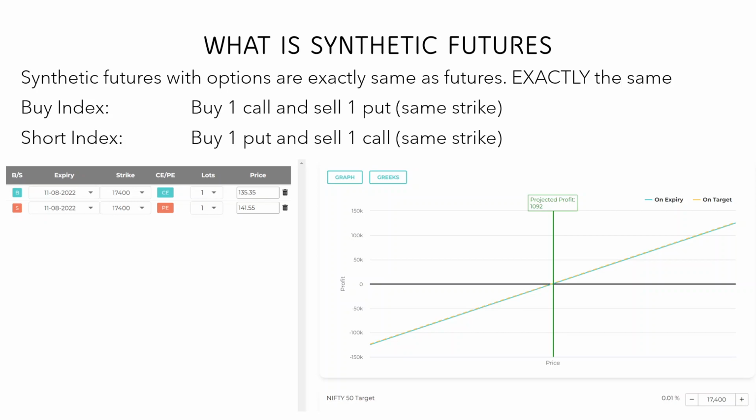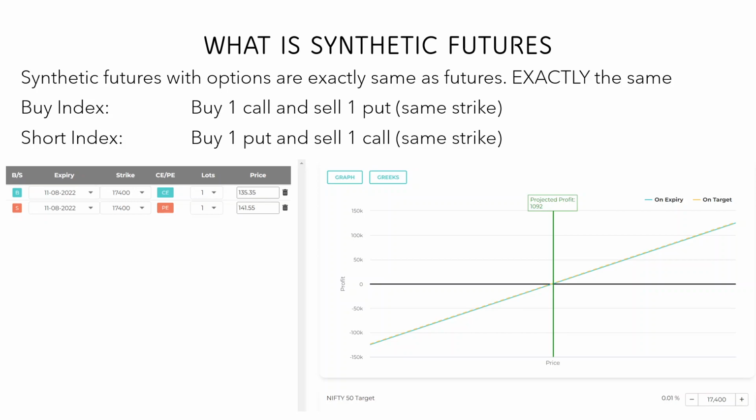So this is a very big benefit of synthetic future because since it is open for any strike price, there is no limit to how many lots that you can trade, which means that your orders will not move the market. Like in futures, if you put a lot of orders, since our signals come, huge amount of orders go into the futures market.